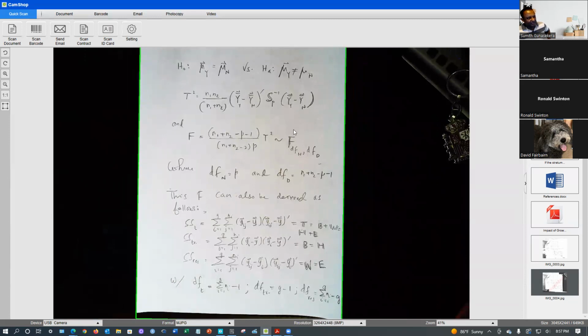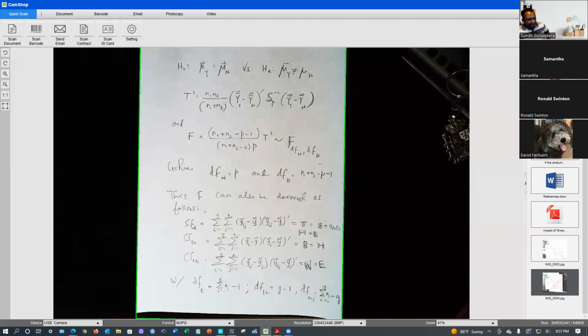Simply say multivariate T squared. In the multivariate case, we have T squared divided by N1 plus N2. Because they both have the same sample sizes, you can write it like this. And this F can also be derived as follows; you can get the treatment like this.